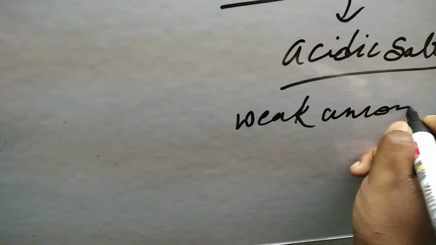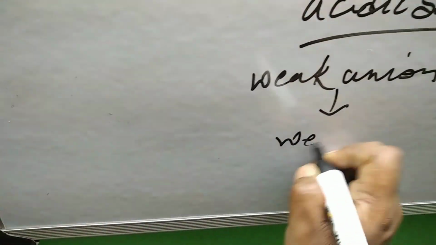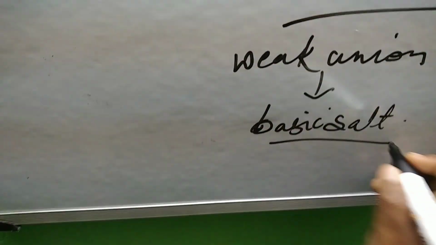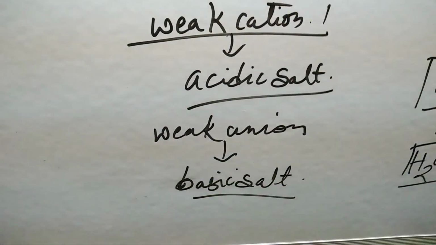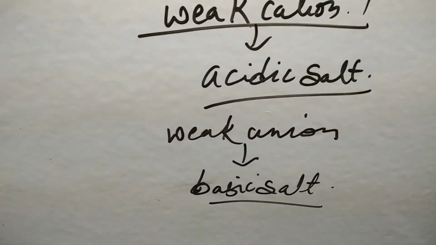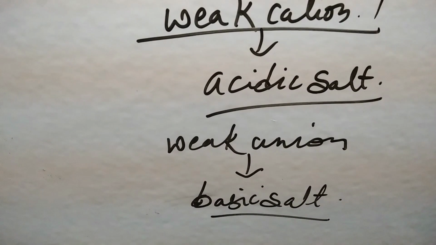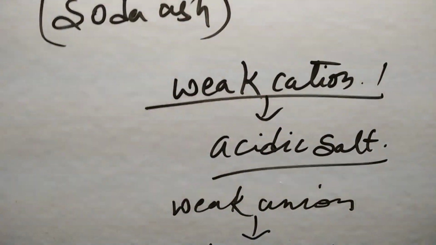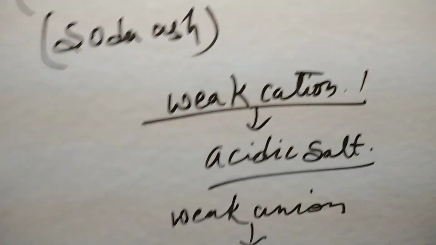And for weak anion, weak base, basic salt. Okay students, when a basic salt reacts with water, a weak anion is formed, and when an acidic salt reacts with water, a weak cation is formed.